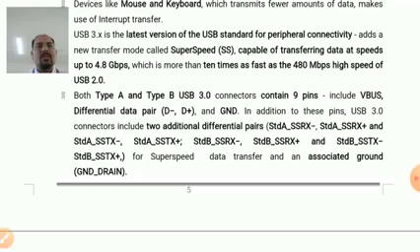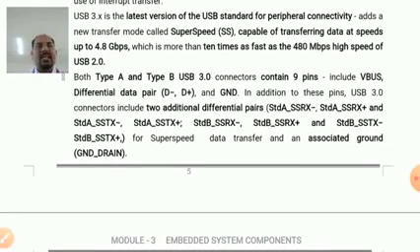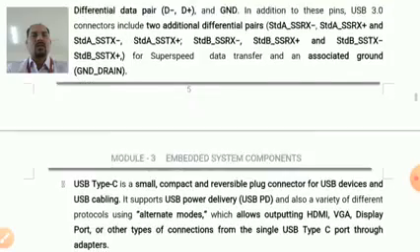In addition to these pins, USB 3.0 also has 2 additional differential pairs, that is STDA SSRX minus, STDA SSRX plus, and STDA SSTX minus, STDA SSTX plus, like STDB SSRX minus, STDB SSRX plus, and STDB SSTX minus, STDB SSTX plus for super speed data transfer and an associated ground.